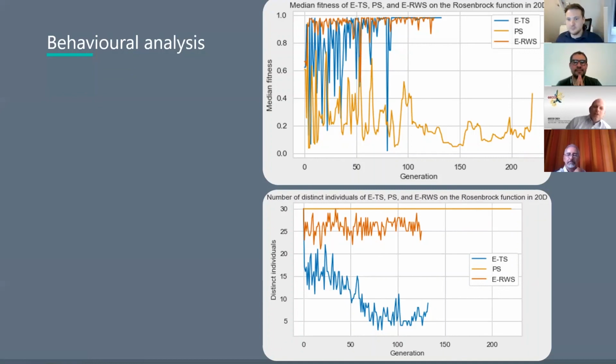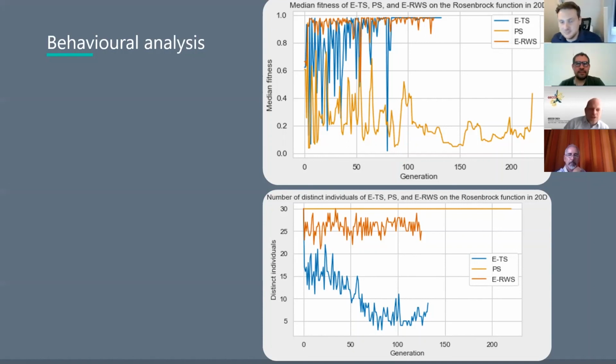So it says here that elitist roulette wheel selection is very close to the minimum in the median case over generations. Well, because it is normalized, if you have all very bad individuals, the normalization will cause at least some to be very high. So if they are very densely packed together at a very bad spot, the median fitness is high.